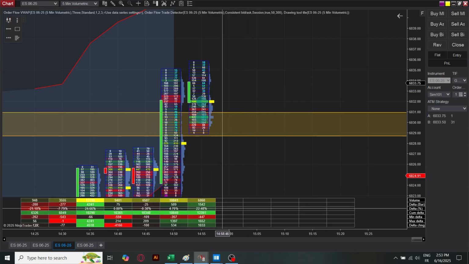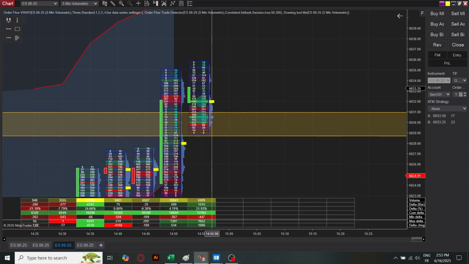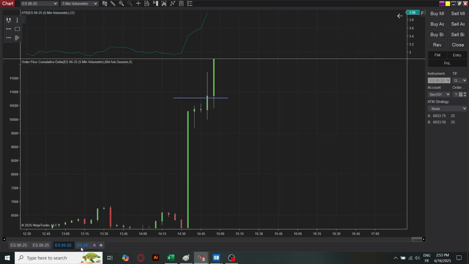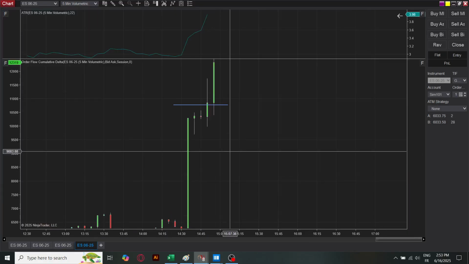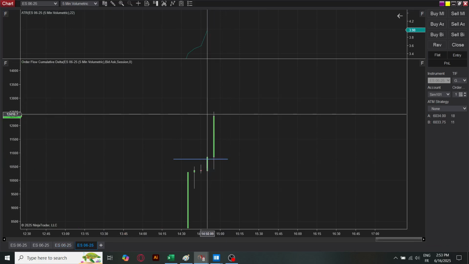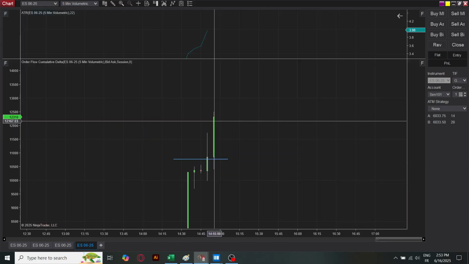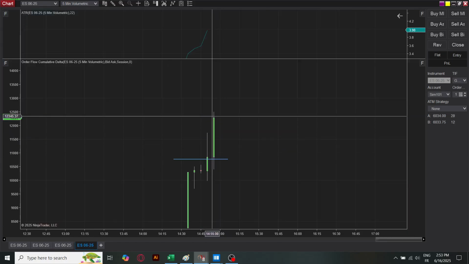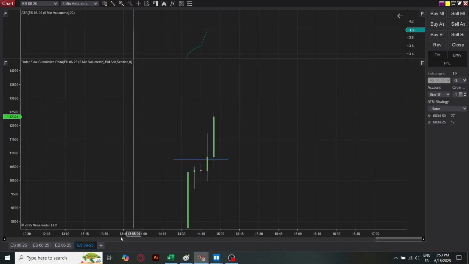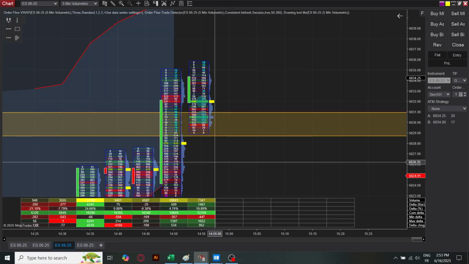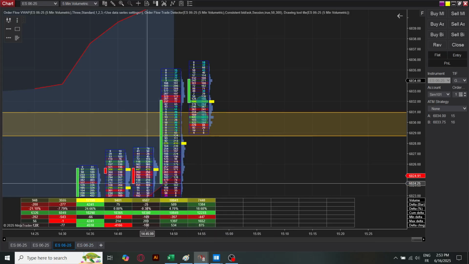You can see the delta is closer to the maximum delta, which means they are very strong. I mean the buyers, 20% delta, and the cumulative delta just went super straight. So if I see price close under this and the cumulative delta has a long wick over here, then it means there is a strong absorption, and it's time for me to think about a short.